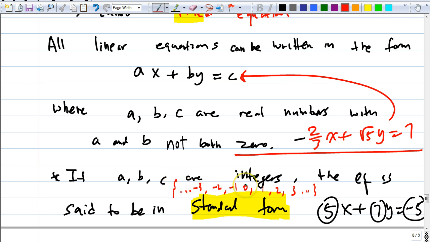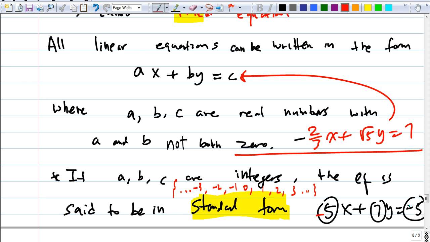So if A, B, C are integers, where you don't have any fractions or decimals, like here, negative 5x plus 7y equals negative 5, aren't they all integers? What's your A in this one? Negative 5. What's your B? 7. These are the coefficients, right? What's your C? Negative 5. Then we call that standard form.